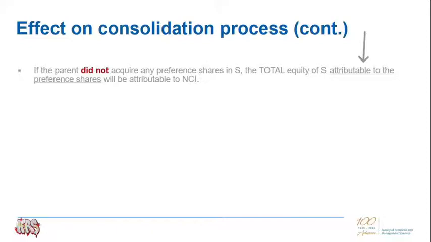So the parent can end up not having any investment in the preference shares of S. Then we know that all the equity participants other than the parent are collectively grouped together as non-controlling interests. Then the equity of the subsidiary that is attributable to the preference shares is fully attributable to your non-controlling interests.